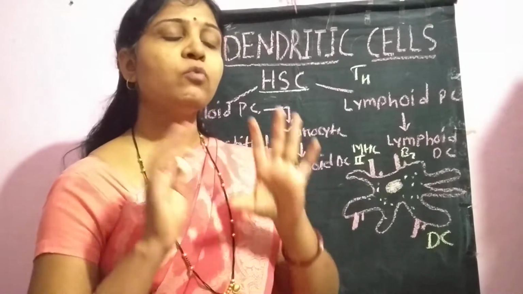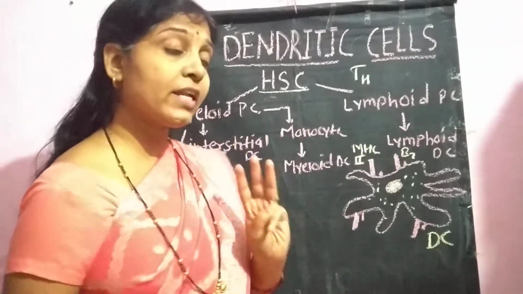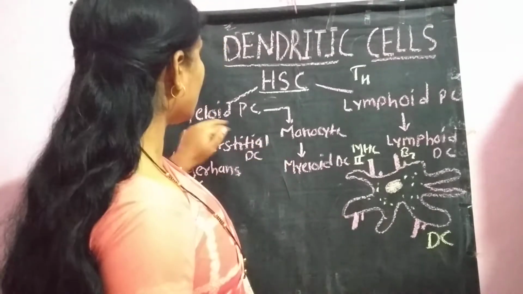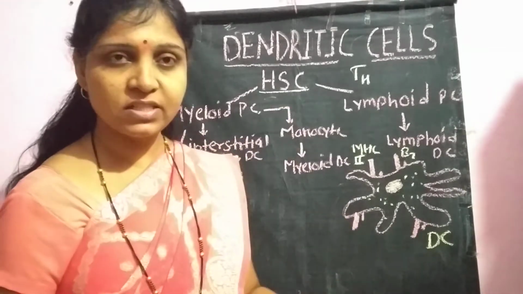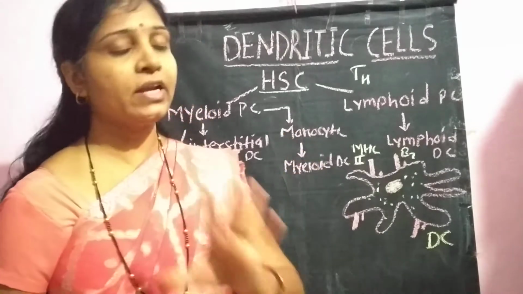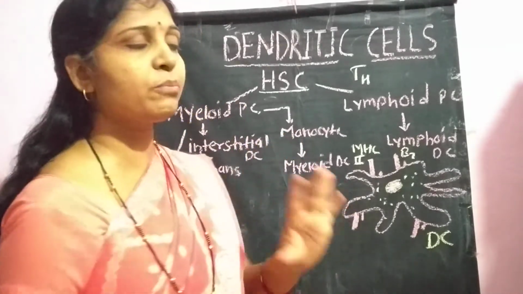Now out of the four different types of dendritic cells, three types are generated from a common myeloid progenitor cell, that is Langerhans cells, interstitial dendritic cells, and the myeloid dendritic cells. All of these three are formed from a common myeloid progenitor cell.